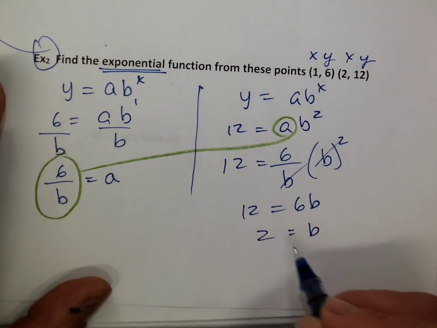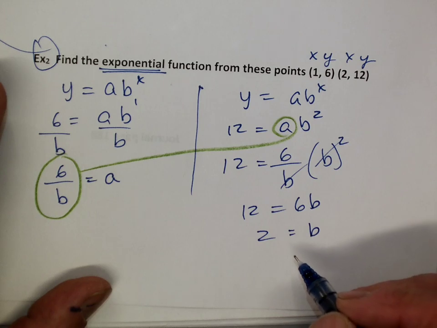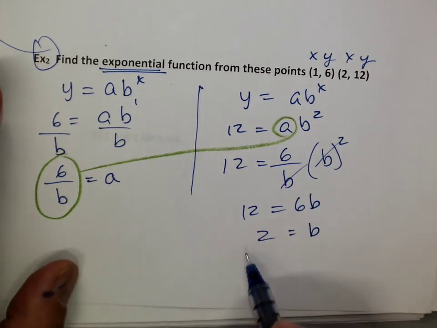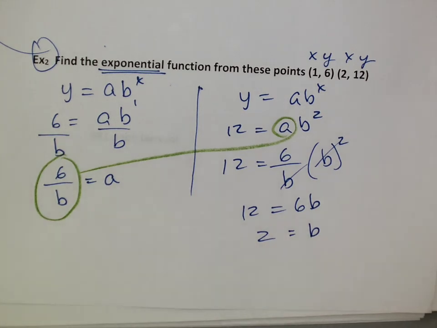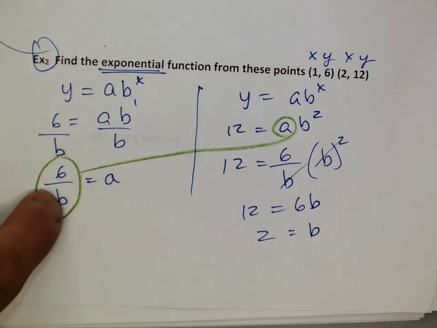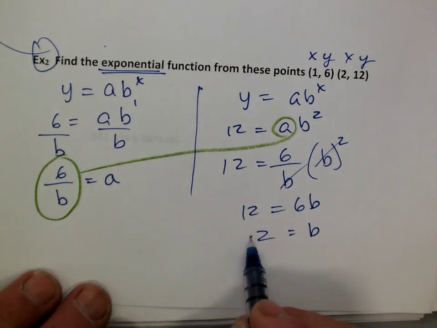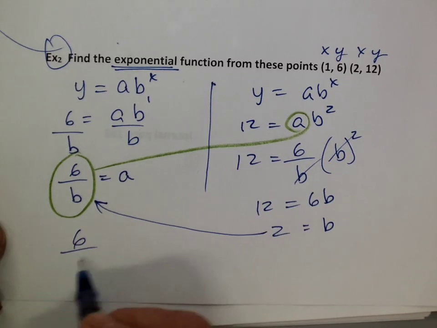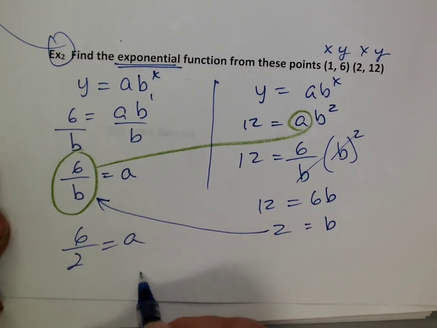B is 2. So if b is 2, let's find a. Okay, I'll wait for you. So if I put 2 right in here for b, a is 3, but I'll wait for you, right? So now, if I take my 2 and plug it right in there, I'll have 6 over 2 equals a, and a is 3.